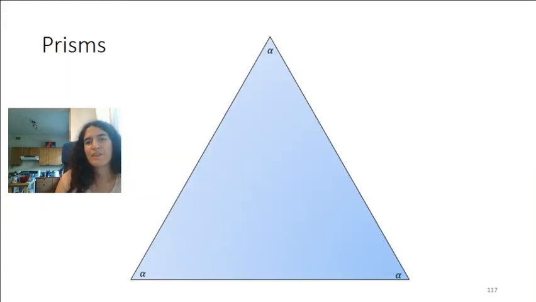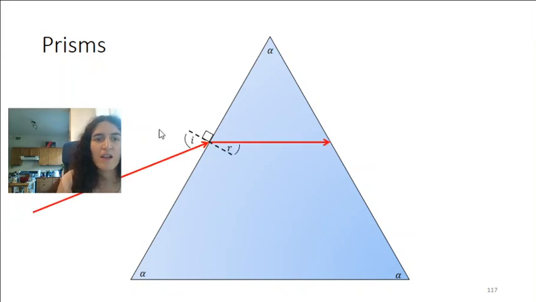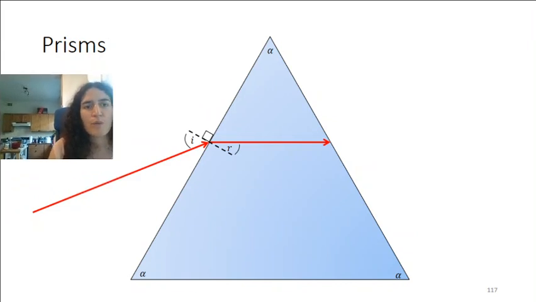Okay, so let's talk about rainbows, but before we do that, I want to just talk through the process of what's happening for a triangular prism. So here I have my incident ray, this initial line.